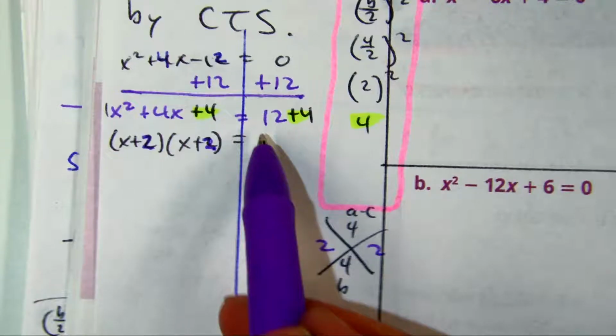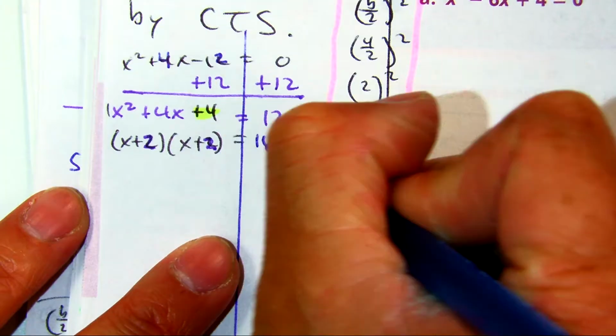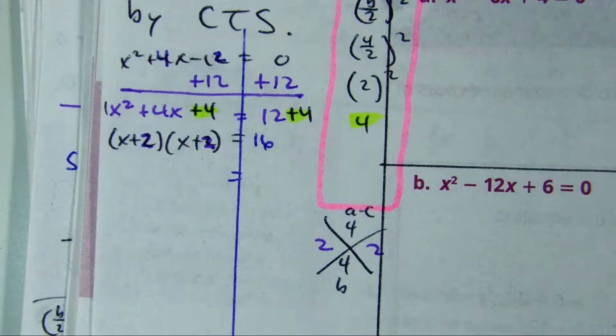12 plus 4? 16. Alright, what's the next step, Kayla? Feel free to read from what we just wrote. We did b over 2 squared.